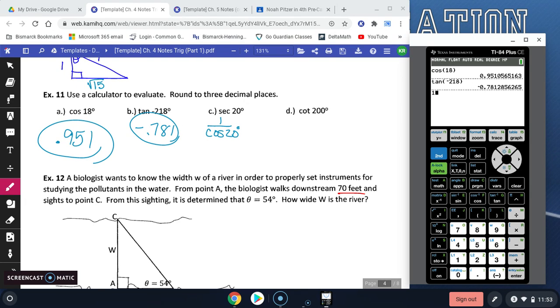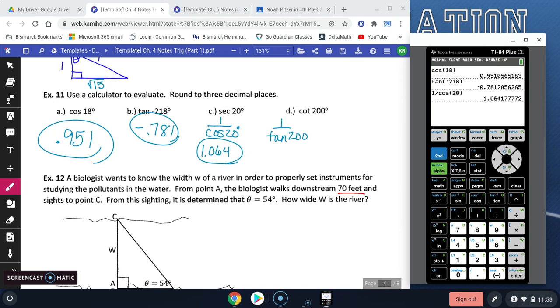So it's 1 divided by cosine of 20. And 1.064. And then cotangent, I'm going to do similarly 1 over the tangent of 200.